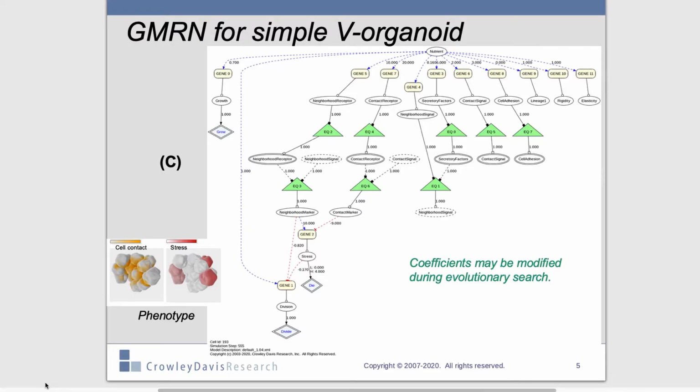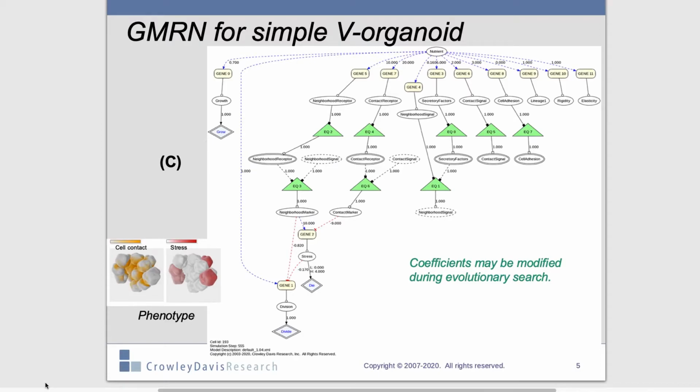The parameters and coefficients in this diagram control the inner workings of each cell's metabolism in a complex emergent sequence of steps that produces the V-organoid phenotype via the ontogeny engine, as was shown earlier in slide 2. These parameters are also subject to mutation during evolutionary search, as we will see in a moment.